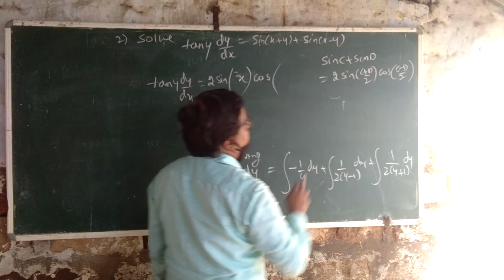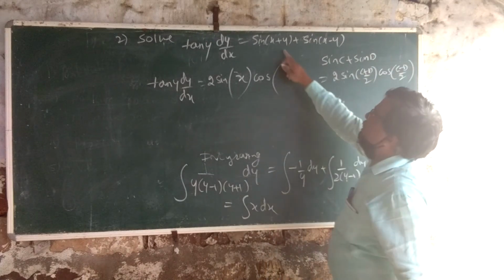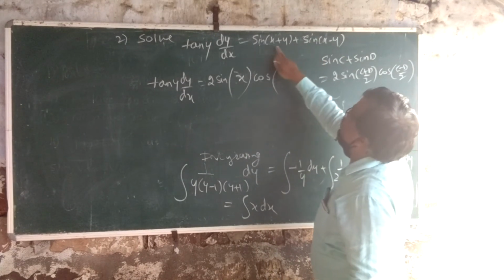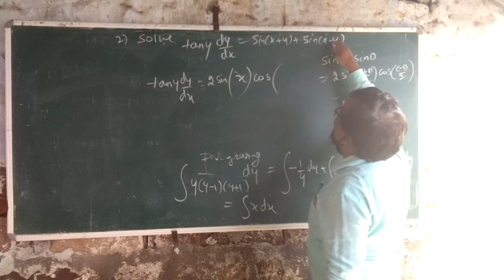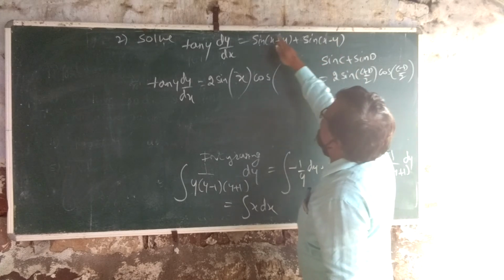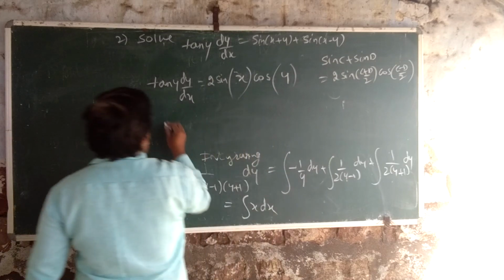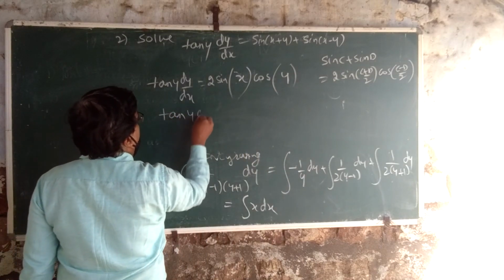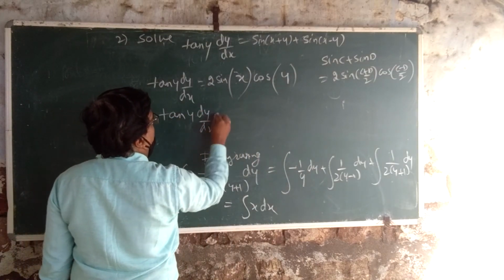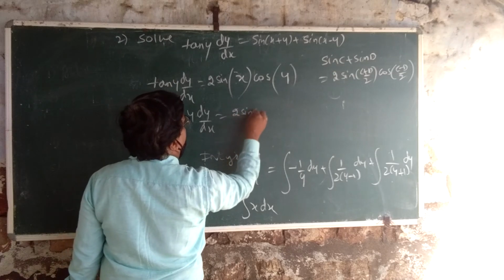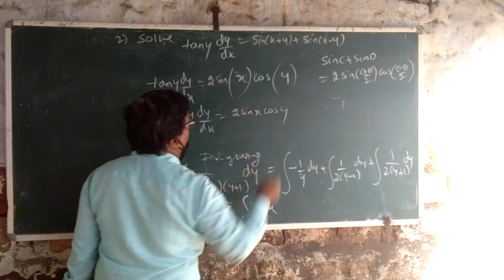Similarly, cos of c minus d divided by 2. So x plus y minus x minus of minus y. So here plus x minus x gets cancelled, 2y. So 2y by 2 it gives y. So therefore tan y dy by dx is equal to 2 sin x into cos y.